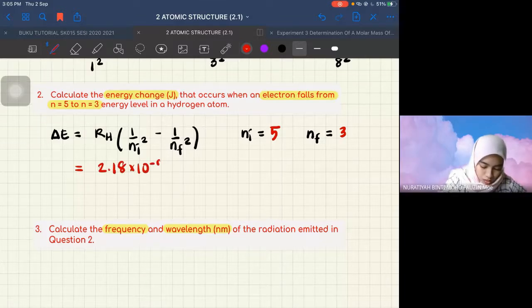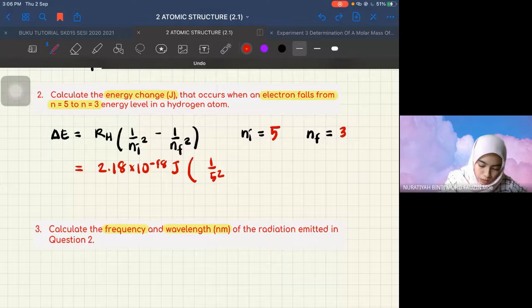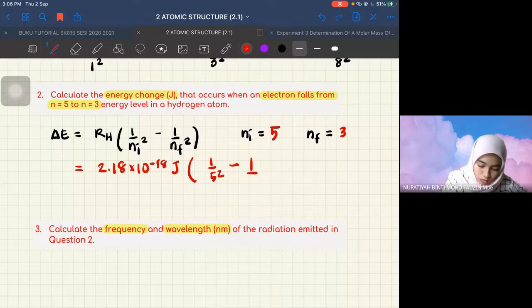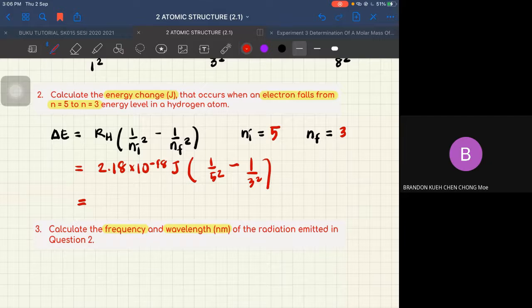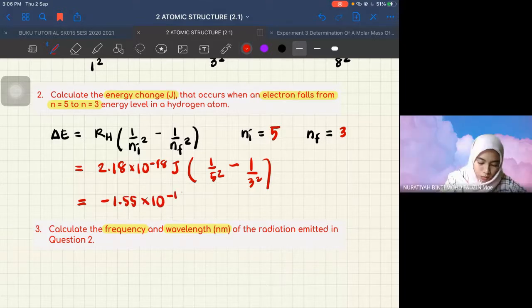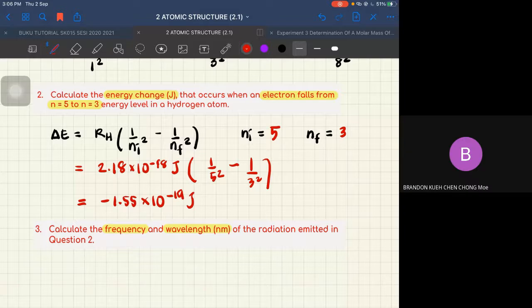Okay. So itu 1/5 square minus 1/3 square. Okay, so tekan calculator dapat apa? Negative 1.55 times 10 to the power of negative 19 joule. Okay, betul? Ya.